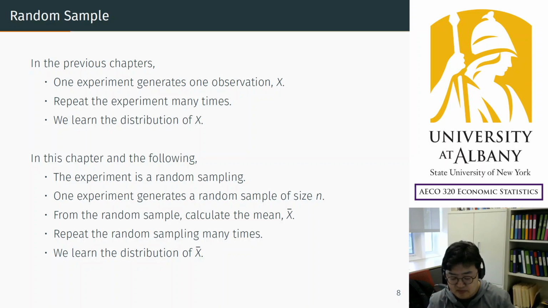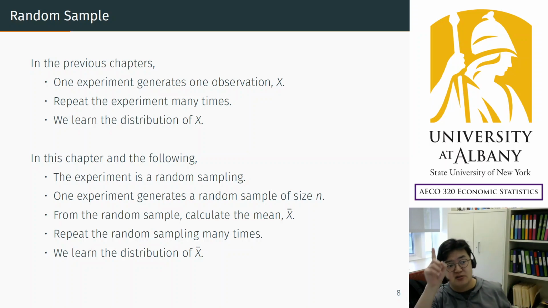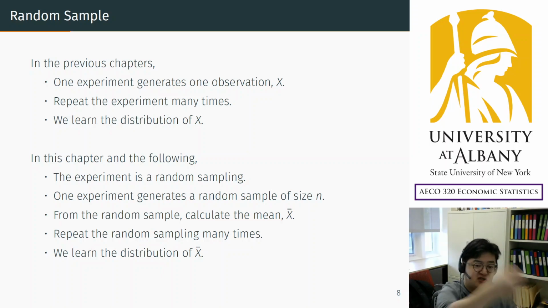And then another confusing thing is, when I say repeat, you may already think the experiment is repeated 1,000 times, but actually not. What I have in mind, as I said, is that one repetition is generating 1,000 observations and calculating one average. So having one average is one experiment. Okay, so you have to imagine different research centers, not just choosing another person. The unit of observation is 1,000, right?